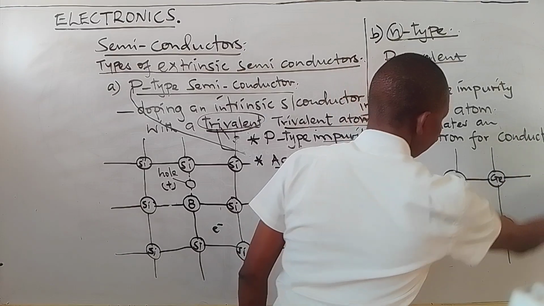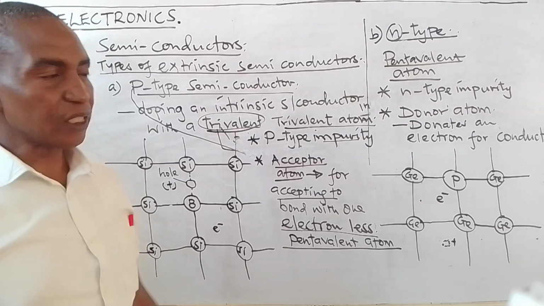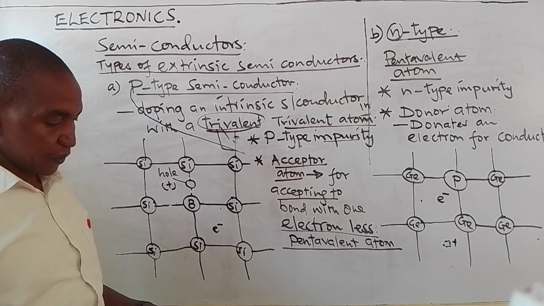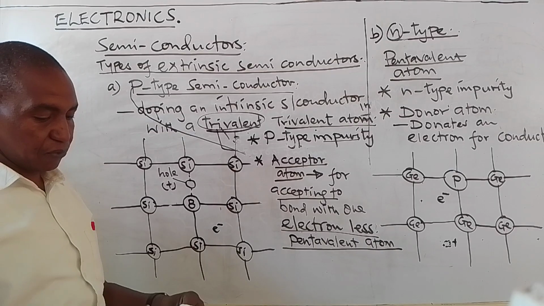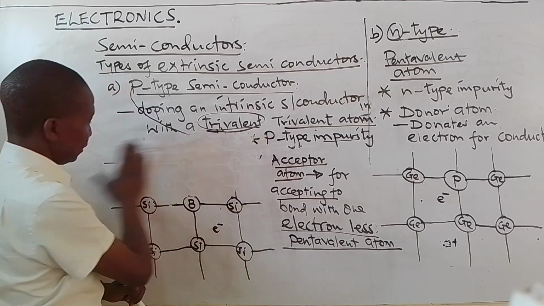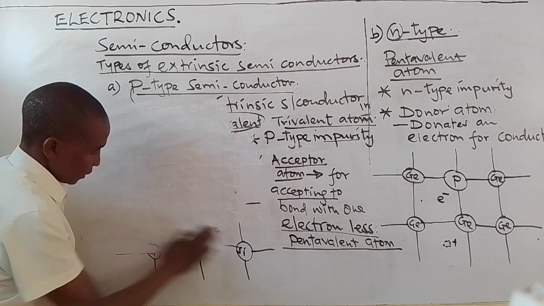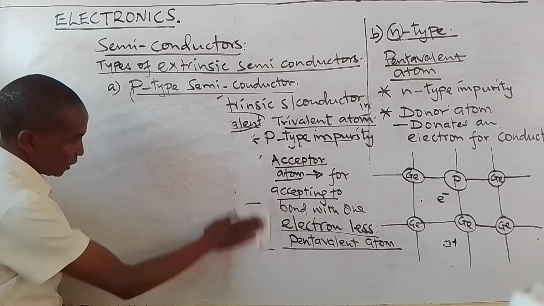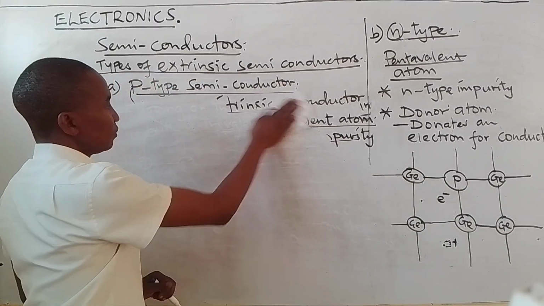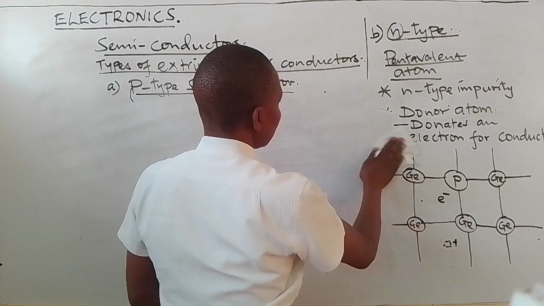It is donating an electron for production, so it can be called a donor atom. So those are the two types of semiconductors. The extrinsic semiconductors are two types, the P-type and the N-type, and that is how they are formed.